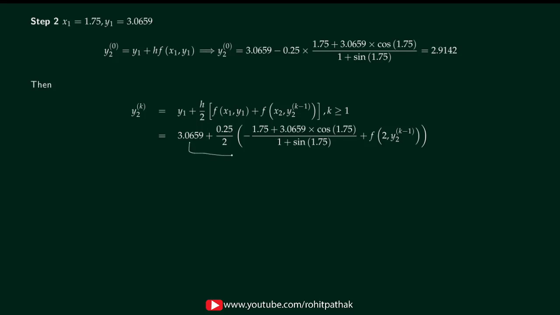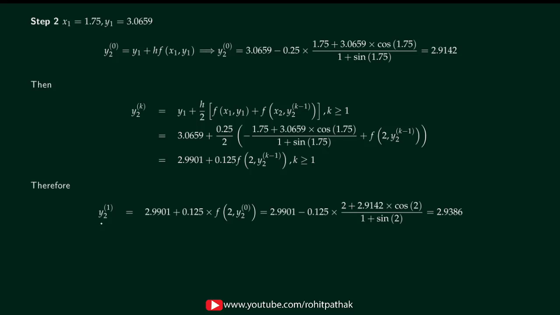Again, this value will remain constant throughout the calculation. So we calculate this. This value is found to be 2.9901, and this is 0.125 into f of 2, y2 k minus 1. Using various values of k, you find better approximations to y2.